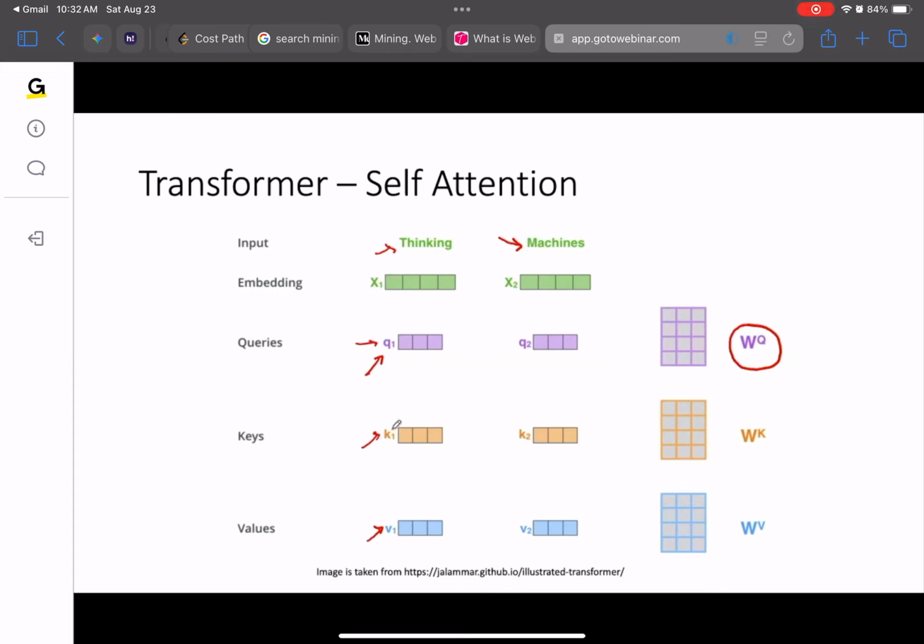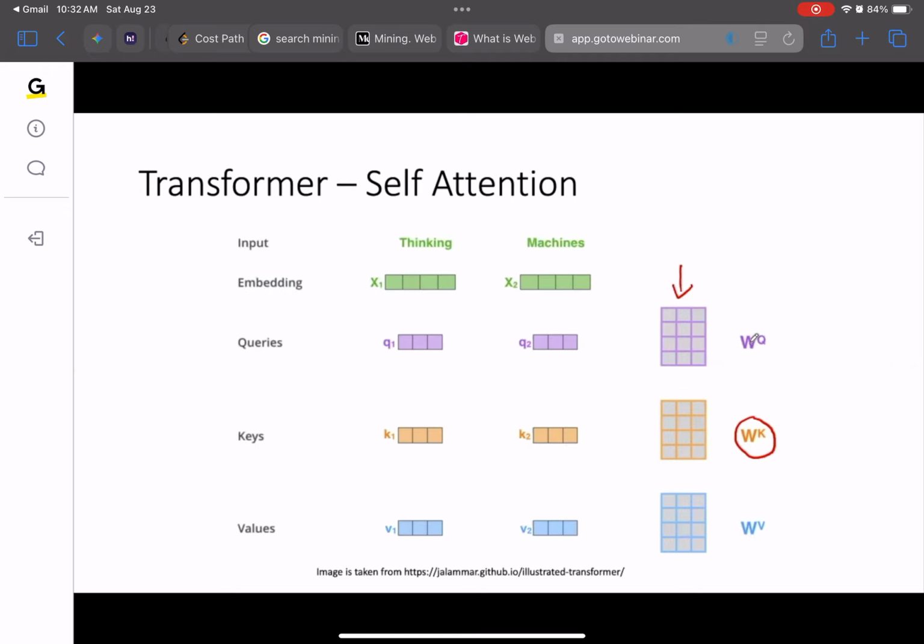Similarly, for the other set of vectors, the key vector and value vector, these are generated by multiplying the same input x1 with a different weight matrix. So here we have a key weight matrix that generates a key vector. These query, key, and value matrices are common.